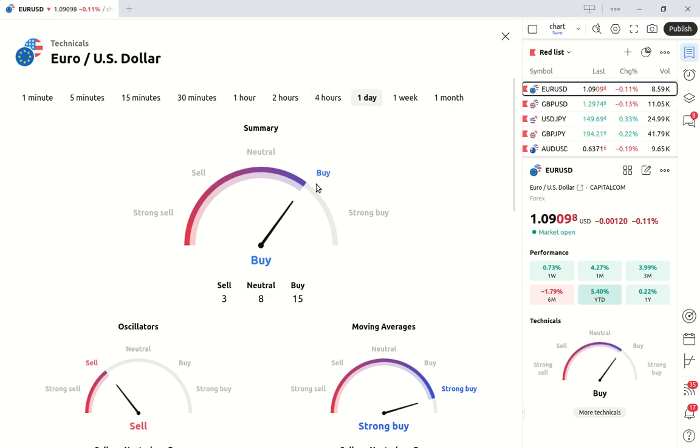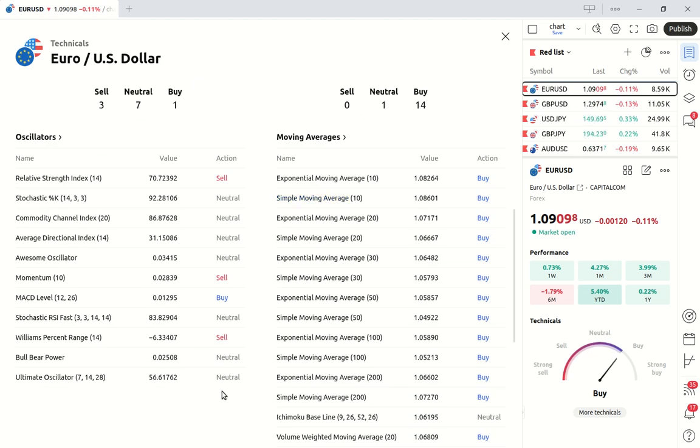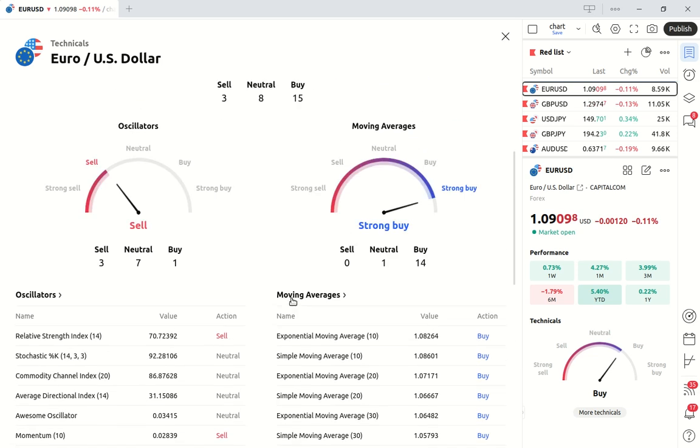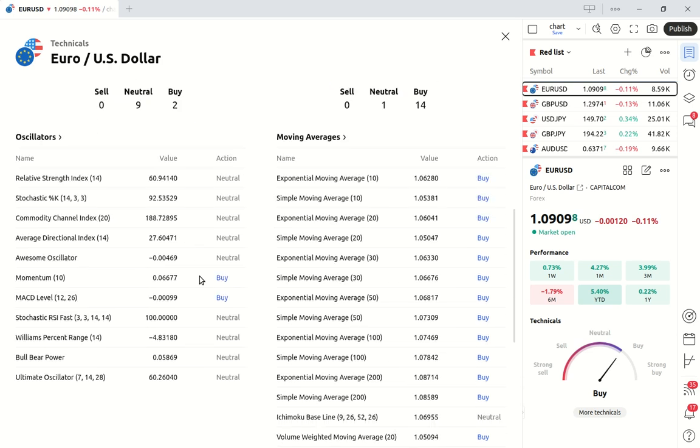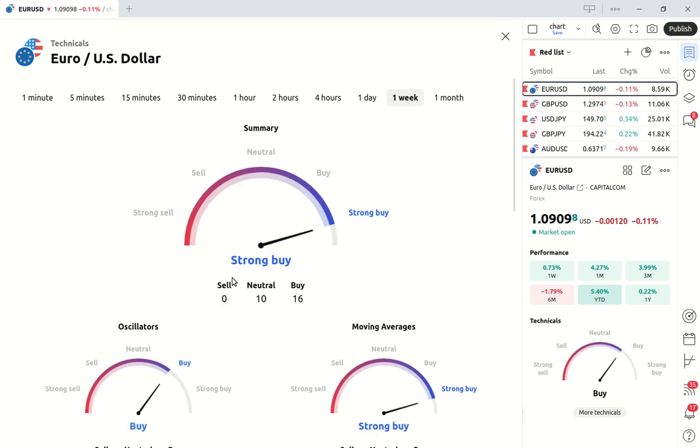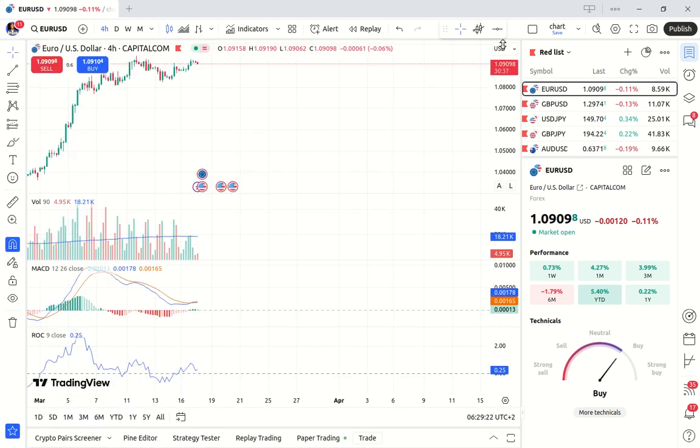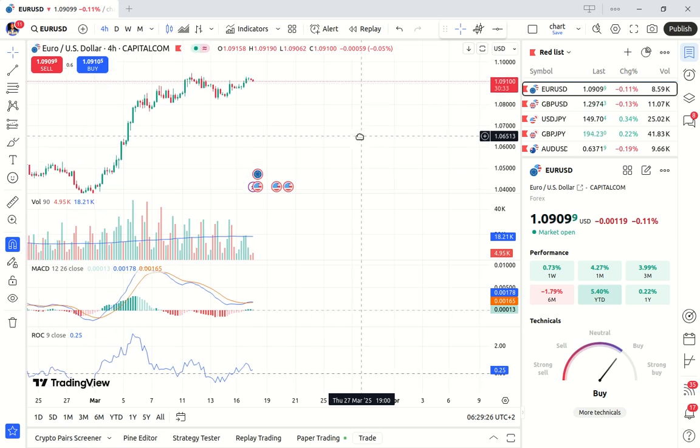Let's go to the 1 day, see what we have. Yes, very similar. And then finally, let's go to the 1 week. Okay, so this is news to me because yesterday I did not witness a buy signal.